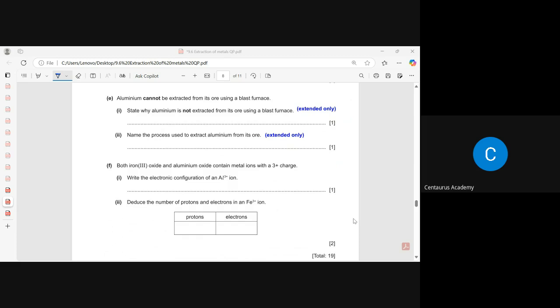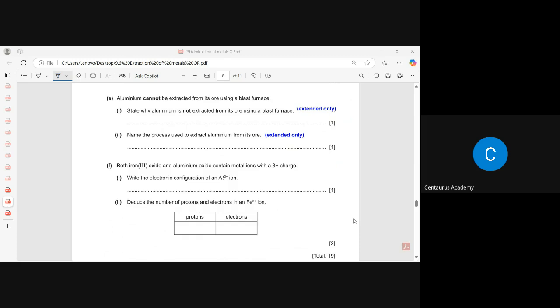Electrolysis. Yes, very good. Any other element present above carbon in the reactivity series, in groups 1, 2 and 3, has to be extracted by electrolysis. Any metal below carbon can be easily reduced by heating it with carbon, in the blast furnace or a crucible. And the least reactive metals are present in their elemental states.